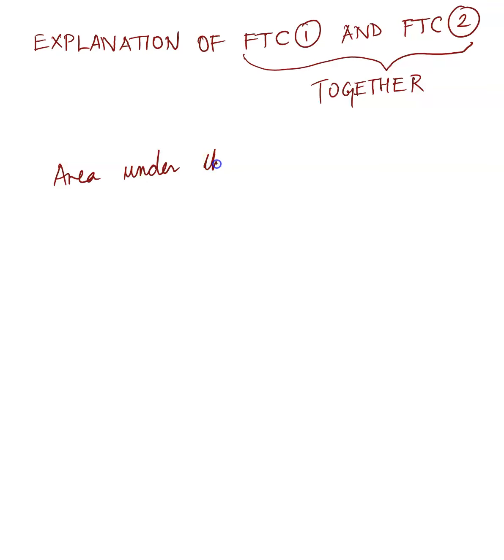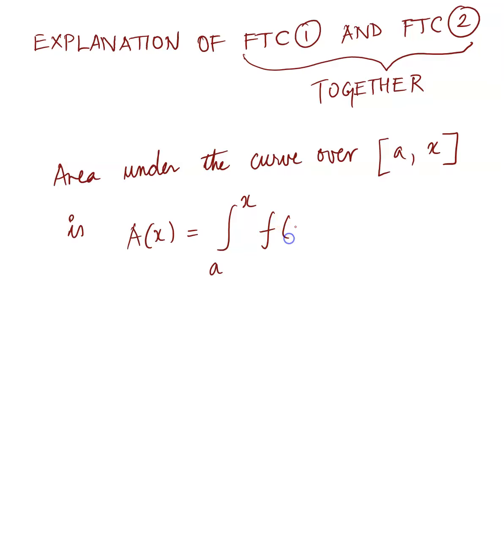That would mean that the area under the curve over a to x, not a to b, is capital A of x. We usually use capital F of x, but because I'm talking in terms of area, I'm just using capital A. You can easily replace it with capital F. So it's the integral from a to x of f of t dt.